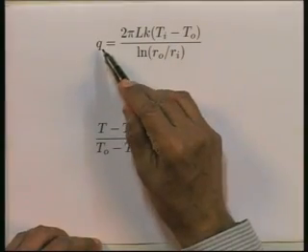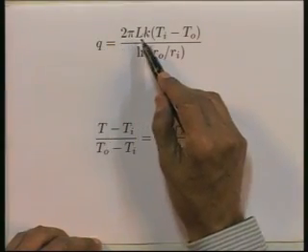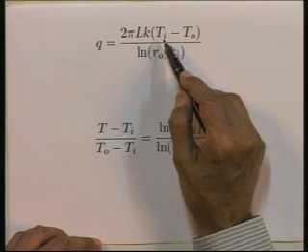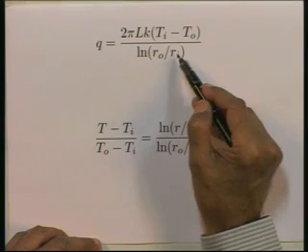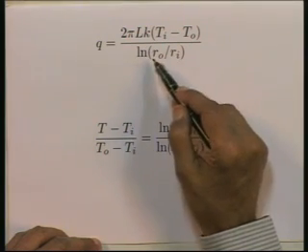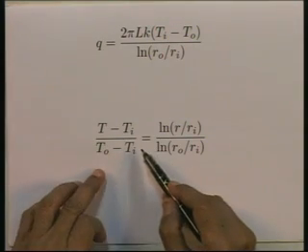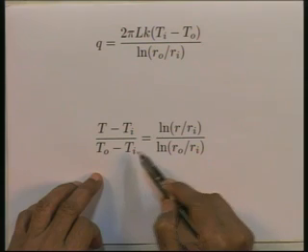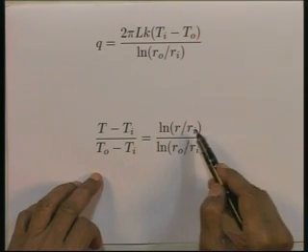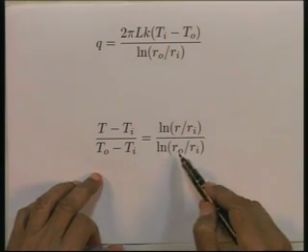for the temperature distribution and the heat flow rate. We will get the following. For the heat flow rate, Q is equal to 2 pi k L into (T_i minus T_o) upon the logarithm of r_o by r_i, logarithm to the base e, and the temperature distribution would be (T minus T_i) upon (T_o minus T_i) is equal to the logarithm of r by r_i upon the logarithm of r_o by r_i.